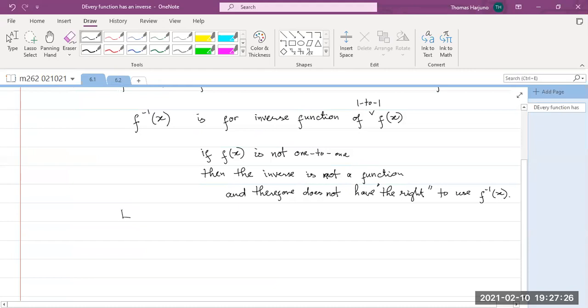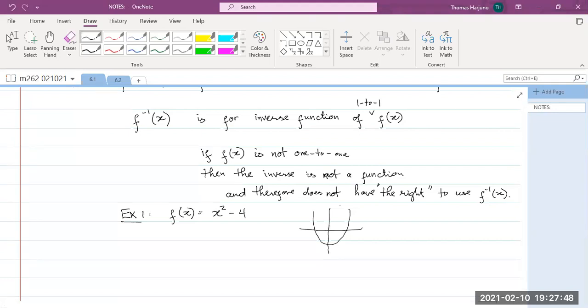For example, f(x) equals x squared minus 4. Now we know this function is not one-to-one. Does it have an inverse? Yes, it has an inverse. Is the inverse a function? No, it's not.